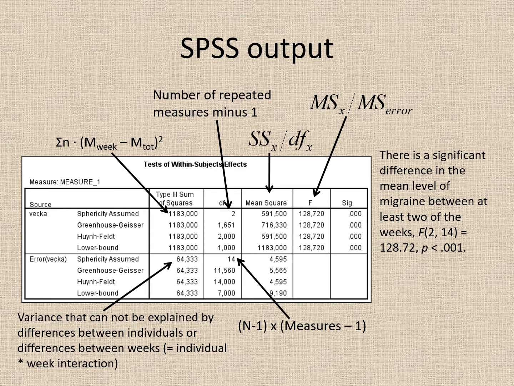There is no difference. The average level of migraine is the same for all 3 weeks. What do we do with that null hypothesis? Reject it. Exactly. At least 2 of the weeks have differing means on level of migraine.